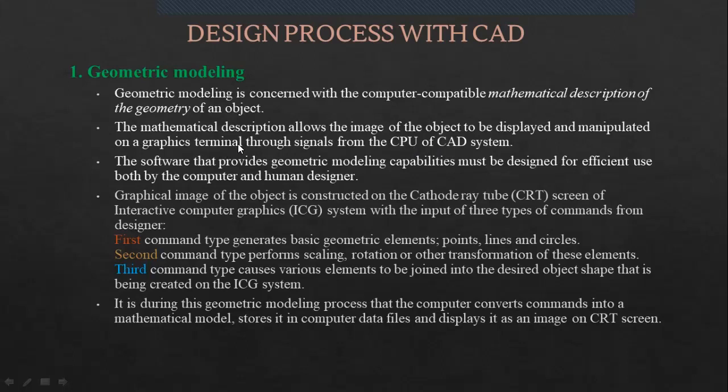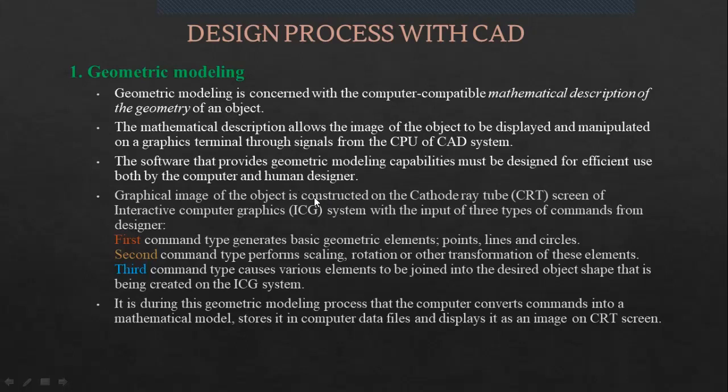The software that provides geometric modeling capabilities must be designed for efficient use both by the computer and the human designer. As I had mentioned, there should be a user-friendly user interface, capable of efficient communication between the human designer and the computer.